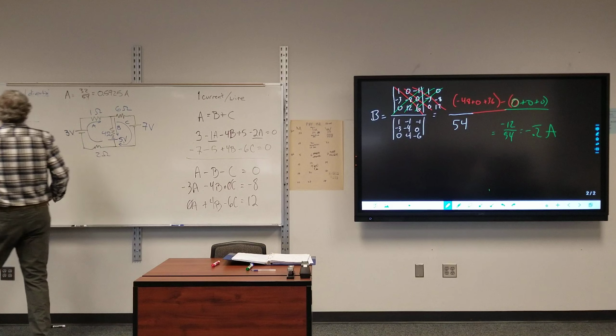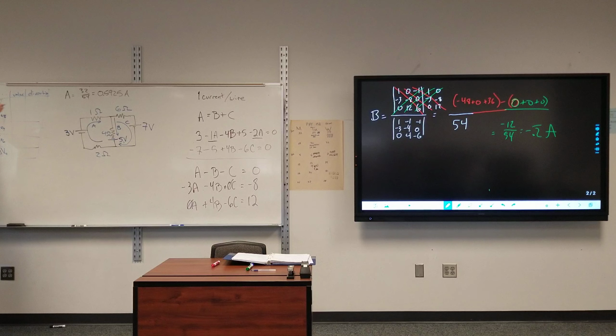All right, so across resistor 1, which was up here, it is 0.5925 amperes to the right. Across resistor 2, 0.5925 amperes to the left. We just found B, so R4 is negative 0.22 repeating, going down.